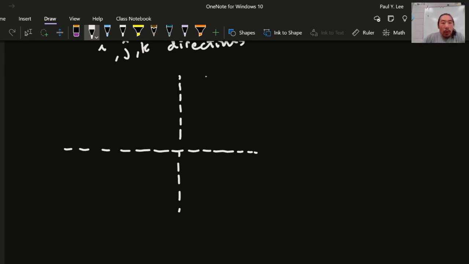Let's do the same example that we did before, where it was the 12 and the 9. We're going to create a vector out here. This was the 12, and this right here was the 9.